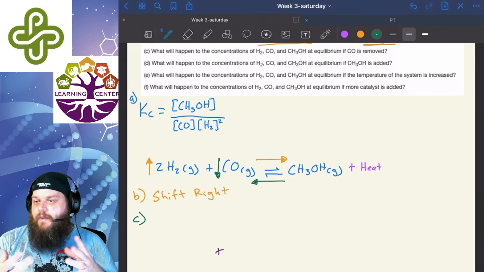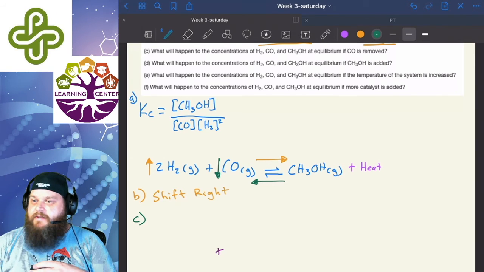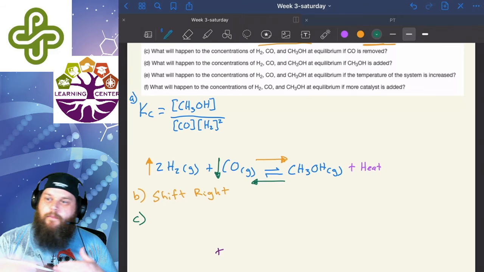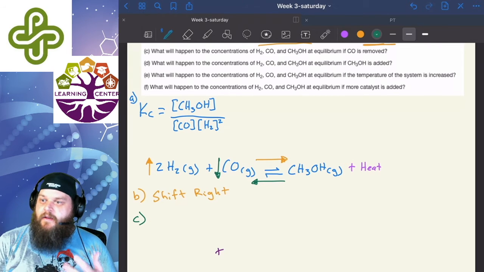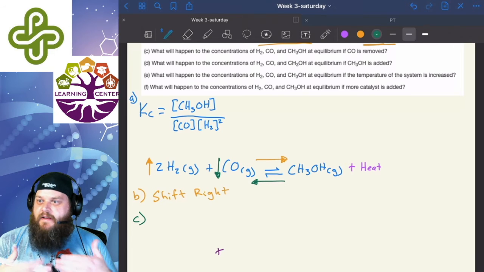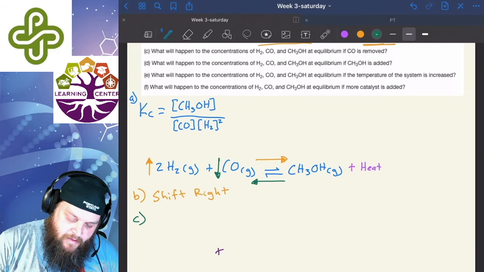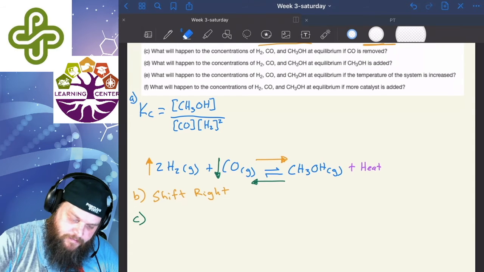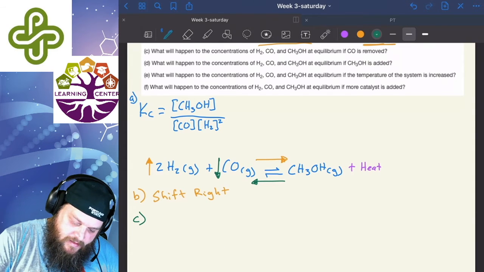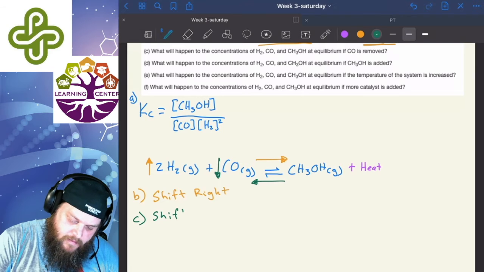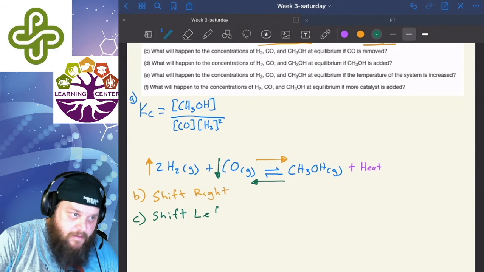Because now that we have less concentration of that, the rate of the forward reaction is going to decrease, and the rate of the back reaction is going to stay the same. So it's going to continue to adjust until it finds that new equilibrium point, which is going to be to the left. So this is going to shift left.